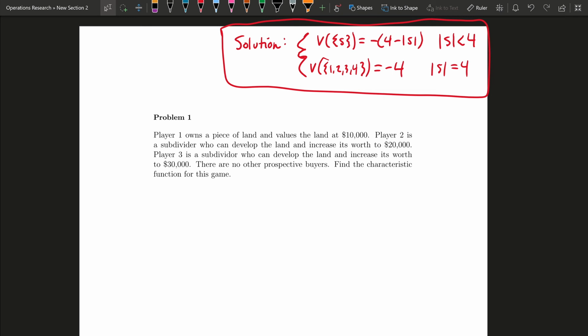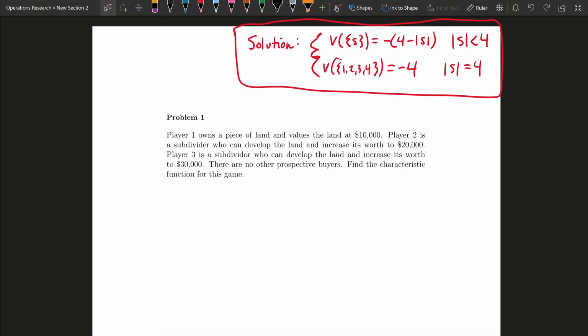So basically, we'll just kind of break this down into pieces here. Obviously, player 1, player 2, and player 3 are already defined. So player 1 owns the land, it tells us in the first sentence here. So that being said, any coalition without player 1 is going to be equal to 0 because they don't even have that land to increase the worth for.